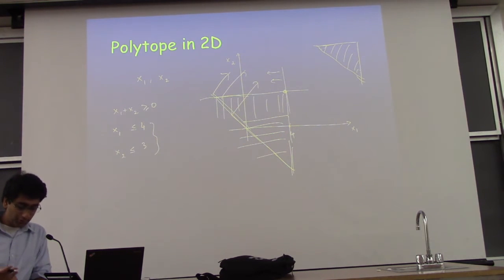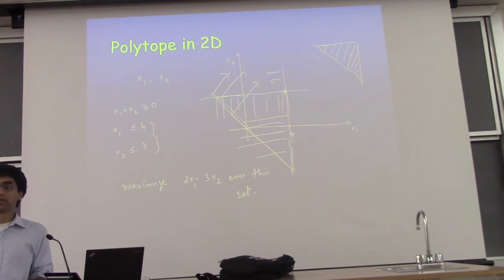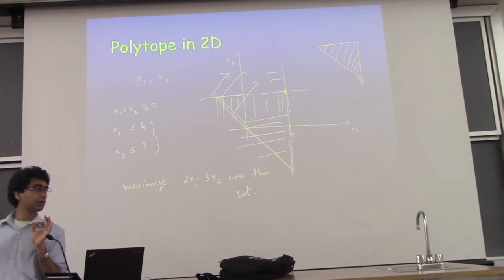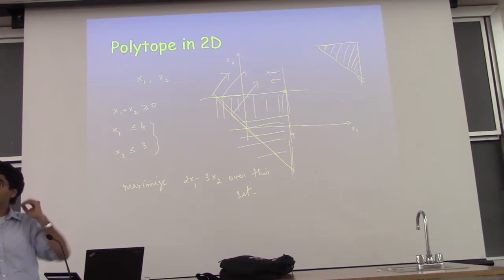And now the kind of problems we want to solve is maximize, let's say, 2x1 minus 3x2 over this set. So we are trying to solve pretty simple problems like this. Okay? So what would the maximum for this be, just looking from the picture?